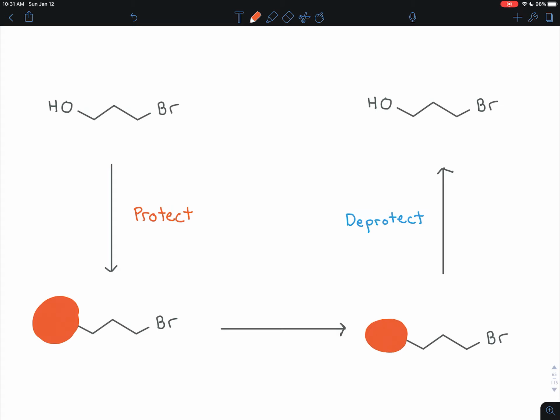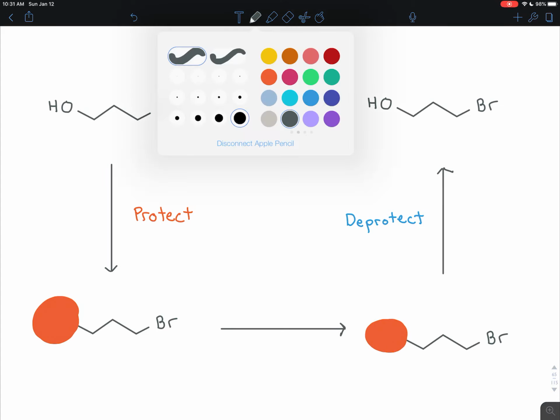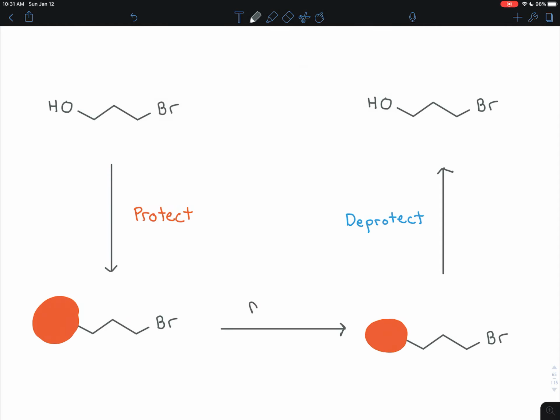And now that that's protected, you can add the magnesium, make your Grignard reagent, do the Grignard reaction, and then whenever you have what's left, whatever you want here after that Grignard reaction, in the case above it was an alcohol, then you can deprotect it.